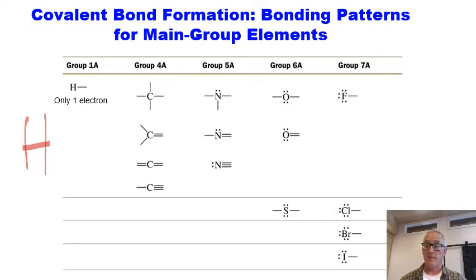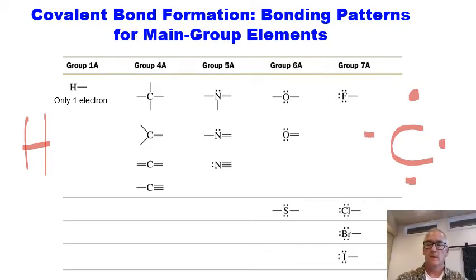But when we look at carbon, carbon has 4, and we draw them like this. Remember, we go 1, 2, 3, 4. So that's 4.